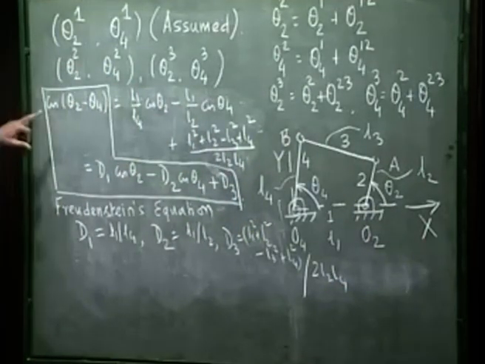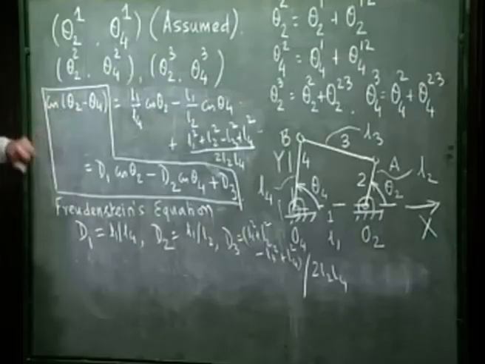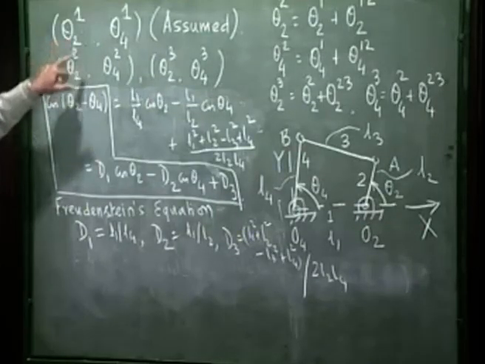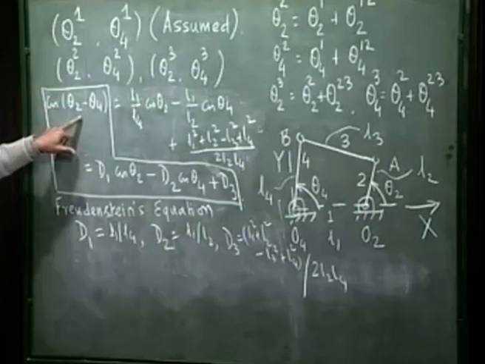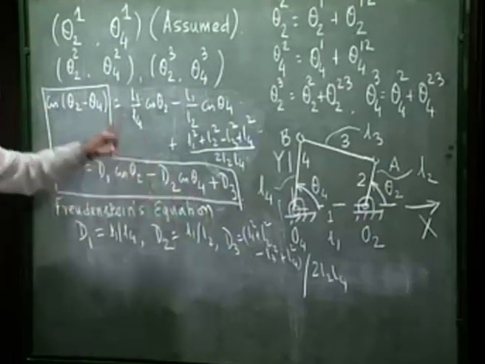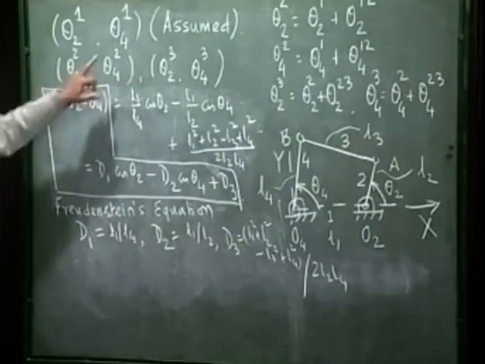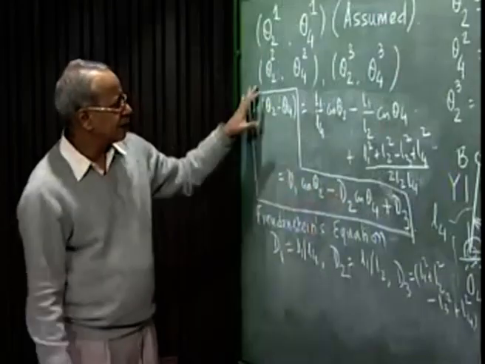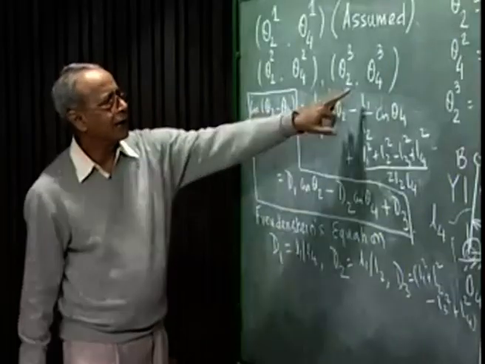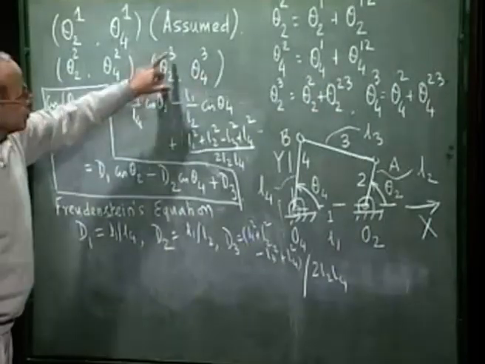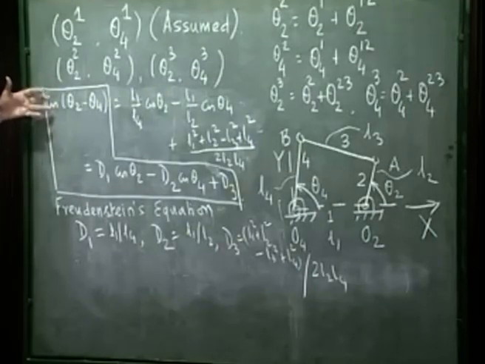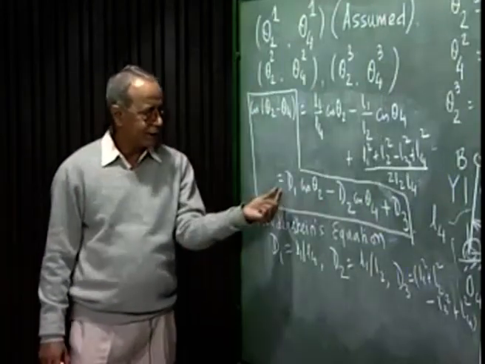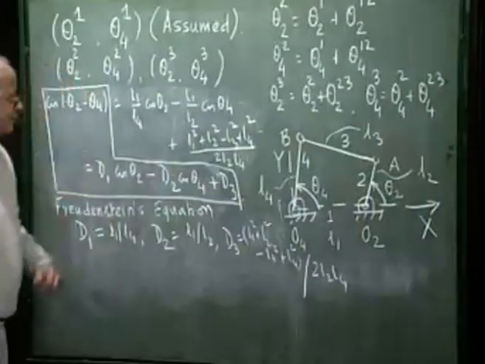Now, this equation has to be satisfied by these three sets of theta 2 and theta 4 values. Theta 2 1, theta 4 1 I can substitute, then this equation will be satisfied. If I substitute theta 2 2 and theta 4 2, then also this equation will be satisfied, and I can also substitute theta 2 3 and theta 4 3. So, this way I get three equations which are linear in three design parameters D1, D2 and D3.